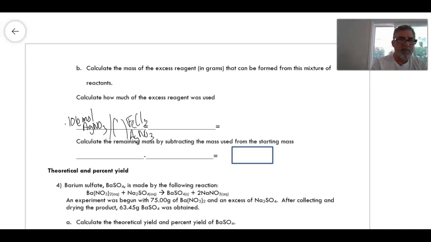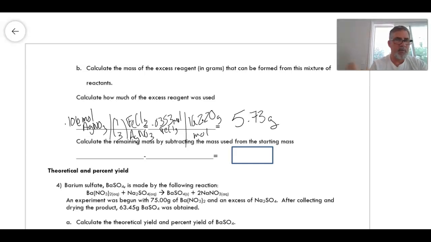Remember the coefficient with that was 1, this was 3. So when I divide those out, I get 0.0353 moles. I've got to multiply that by the molar mass, which I already calculated before. And from that I get 5.73 grams.